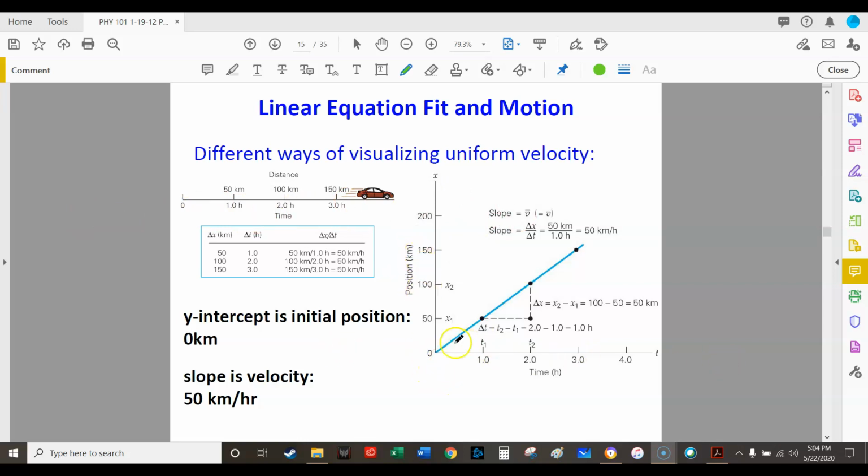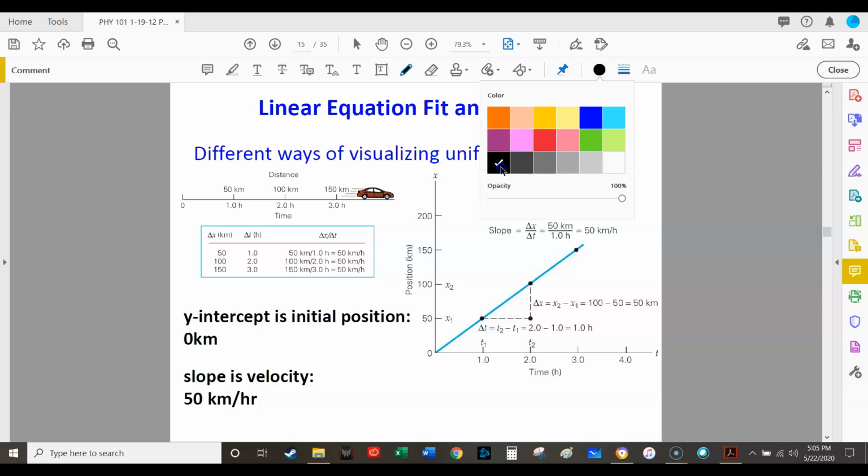And the horizontal axis is going to be in time, and it's in hours. You got 1 hour, 2 hour, 3 hour, and 4 hour. And in the vertical axis, its positions are going to be positive 50 kilometers to the right, positive 100 kilometers to the right, positive 150 kilometers to the right, and 200 kilometers to the right.